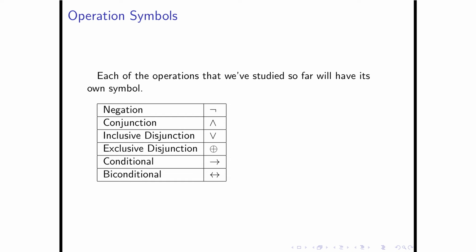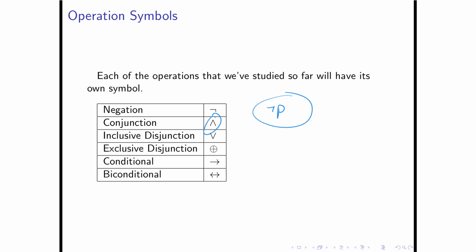So these are what we call propositional operators. If you take any proposition and apply one of the symbols, say the one for negation, this would represent not P. This is called a propositional operator, the not symbol, because from a proposition, you apply the operator, you get a new proposition.